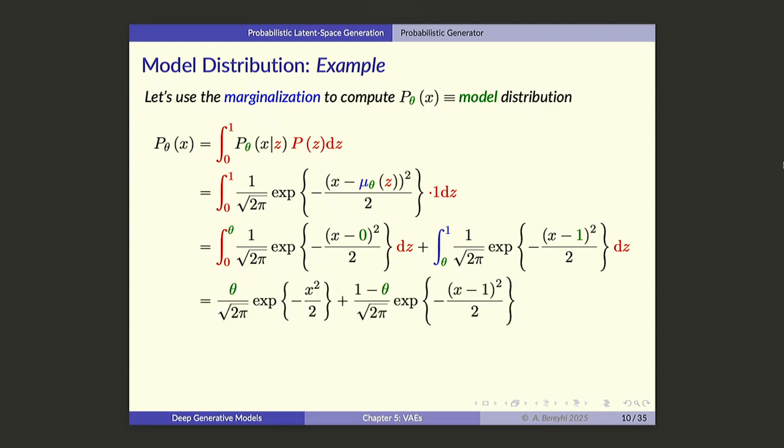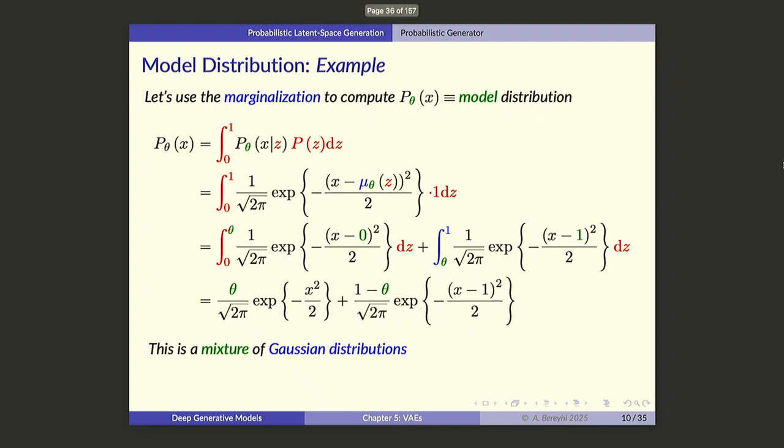So it's an average of two Gaussians. One of them has mean value 0, the other has mean value 1. So is this distribution Gaussian anymore? No, it doesn't look like a Gaussian. Of course, it consists of Gaussian components, but it's not a Gaussian at all. Is everybody clear?